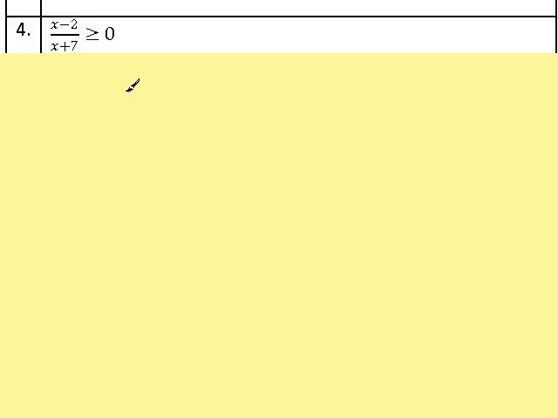In number 4, we have a rational function. We're going to include the zeros of the numerator and denominator. All right, so those would be on our number line. So the 0 of the numerator is 2, and we have a closed circle for 2, because that is a 0 from the numerator, and that's where this fraction is equal to 0.